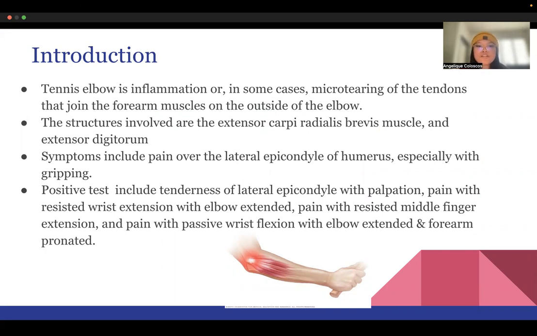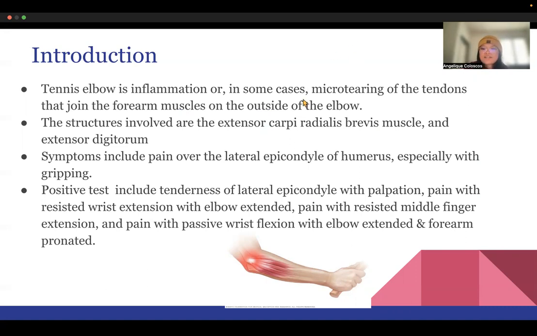And then the symptoms include pain over the lateral epicondyle of the humerus, especially with gripping and activities that require wrist stability, such as backhand stroking in tennis, and repetitive work tasks that require a lot of repetitive wrist extension, such as doing computer work or pulling weeds, can stress the muscle and the tendon and can cause those symptoms.